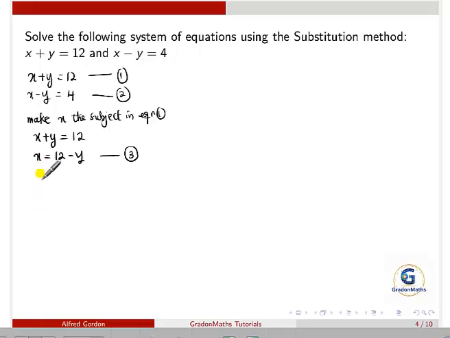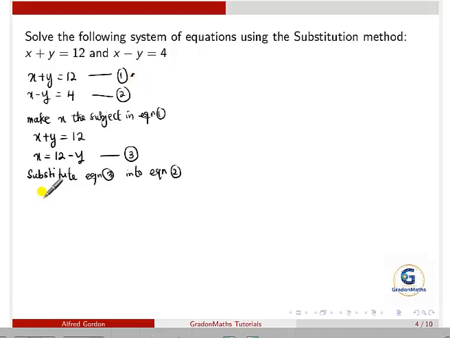After we have made one variable the subject, we will now do a substitution. So we substitute equation 3 into the other equation, that is equation 2. Already we made x the subject in equation 1, so equation 1 is out for a moment.